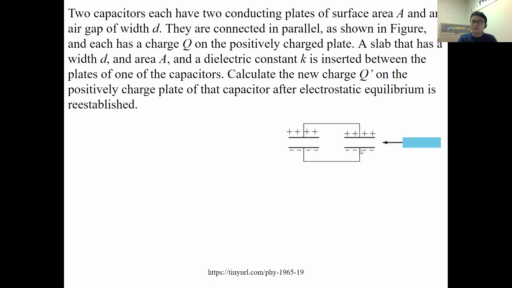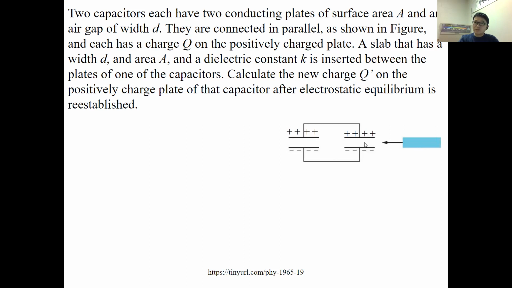Capacitance equals charge over V. So the charge is the same, but the capacitance increases, which means V changes. If V changes, then V on this one and on that one will be different. So there will be a rearrangement of charges, right? Charge will go from one plate to the other. So let's take a look at what will happen here.